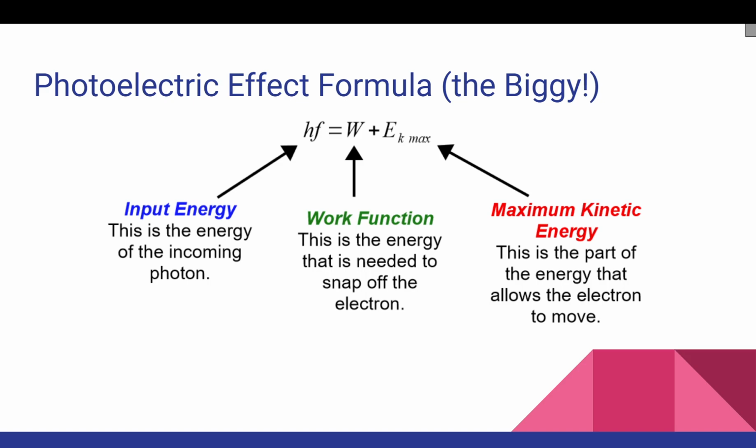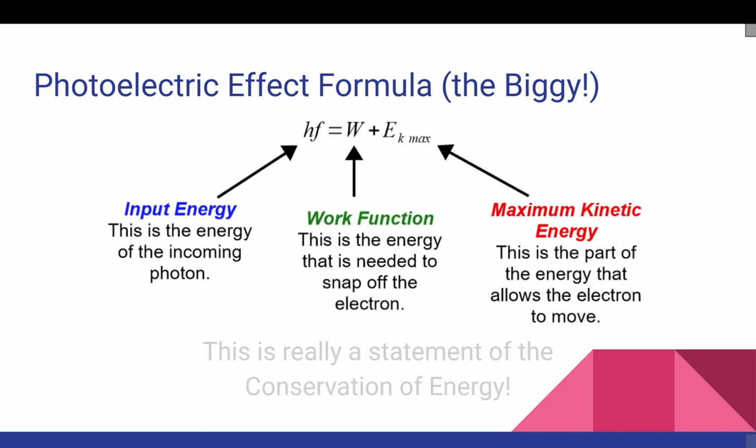EK max is energy. So we're saying energy we start with becomes the energy we end with. That means this is really a statement of conservation of energy. And that can be a question we ask you. We talk about doing a photoelectric effect experiment and ejecting electrons from a metal surface and measuring stuff. And we say, so what physics principle is this? It's conservation of energy.